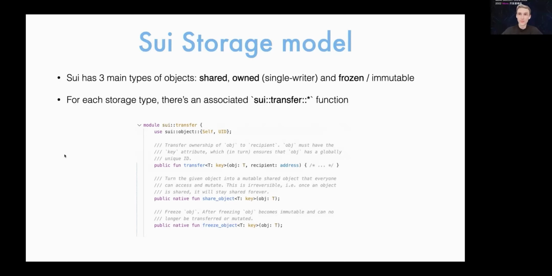Instead, we have 3 types of objects, and we have 3 built-in functions which define how this object is stored and how it exists on the platform. So we have shared objects. Shared objects are objects that are placed for everyone to have access to, and everyone can access it as a mutable version. But no one can move it.